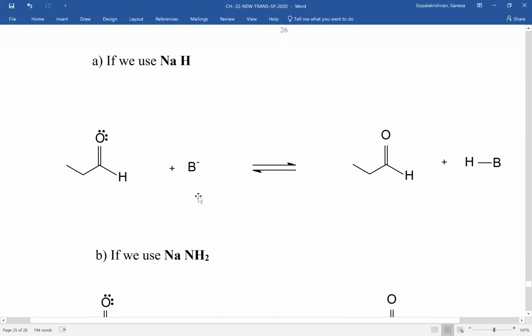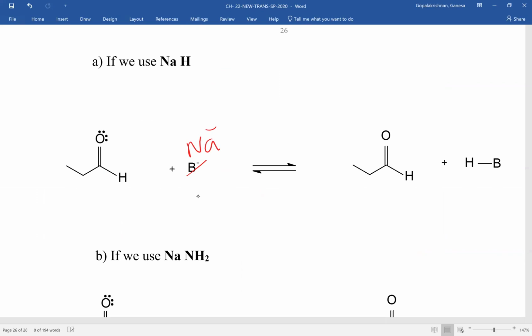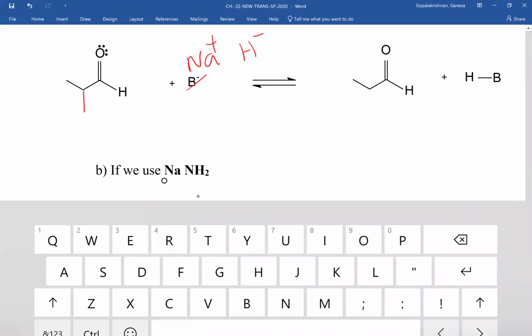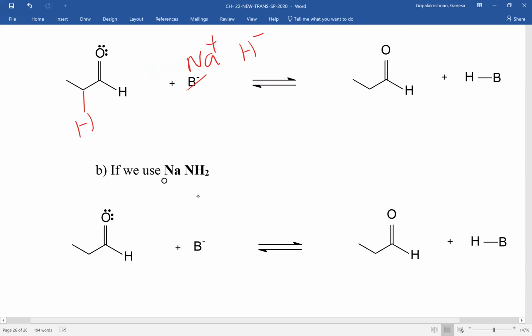So if you use NaH, the base in this case is H minus. The H minus is a base. It will come and abstract the proton from here and flip that and make it into this.